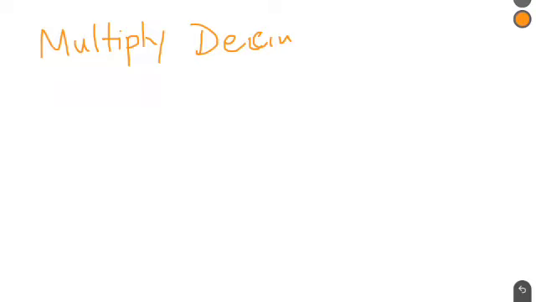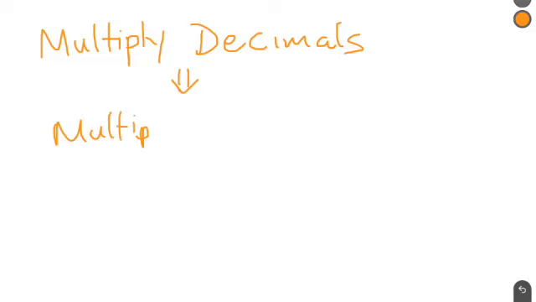In this video, we're going to be taking a look at how to multiply decimals. Multiplication of decimals is much like multiplying positive integers.